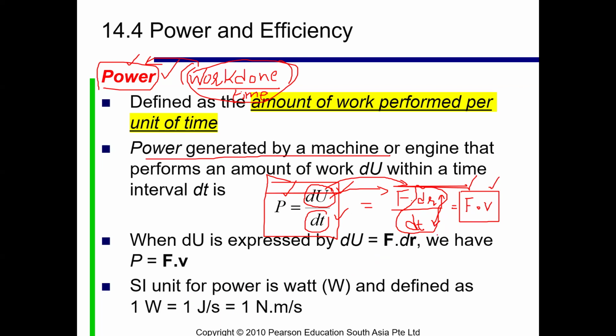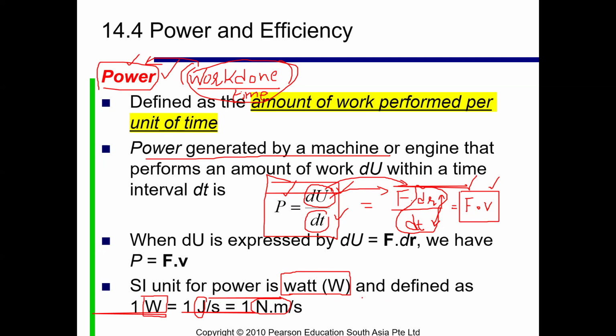Again, for work done we have the unit of Newton meter, or joule, and the time unit is second, so that would be Newton meter per second or joule per second. This is referred to as watt. So the unit of power is watt.